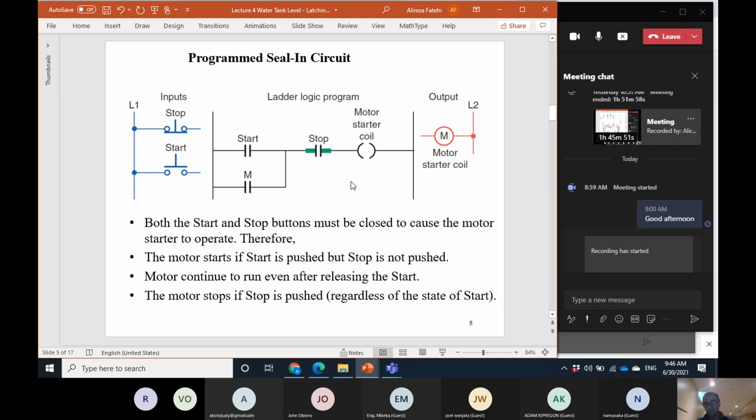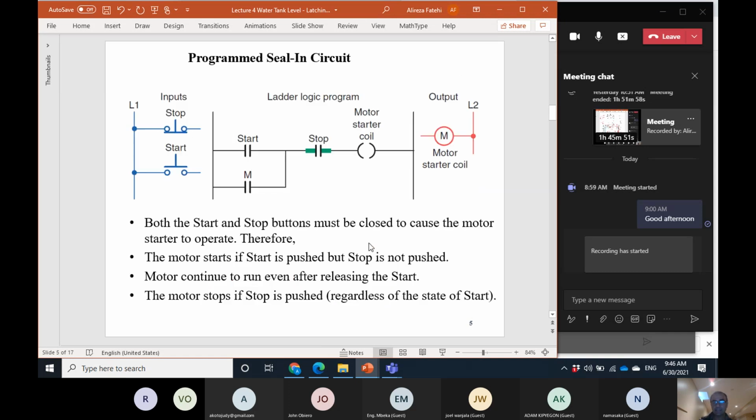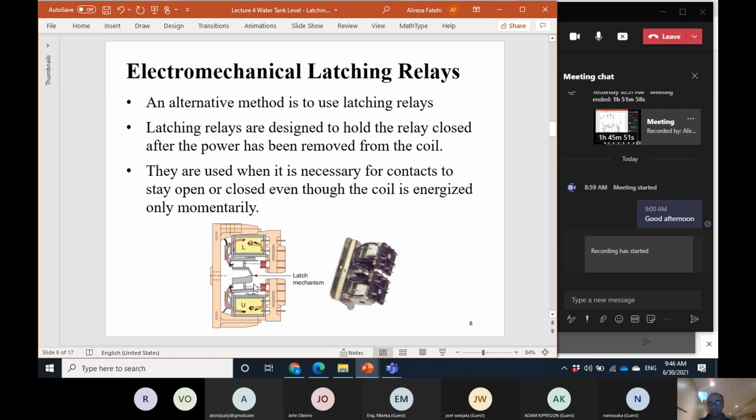We also studied that, so I just review that we have this program, the PLC based seal-in circuit, but there are some special electromechanical contactors that, instead of having this seal-in circuit using this auxiliary contact, mechanically or electromechanically implement that latch or that seal-in.